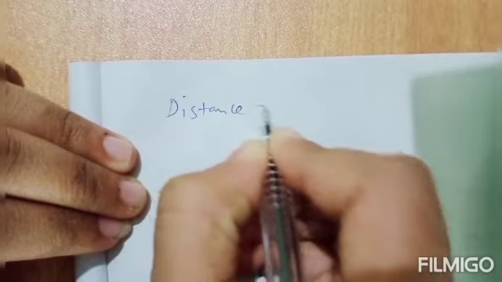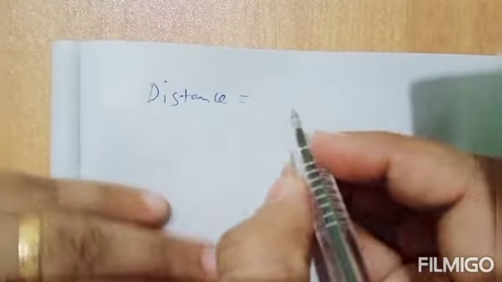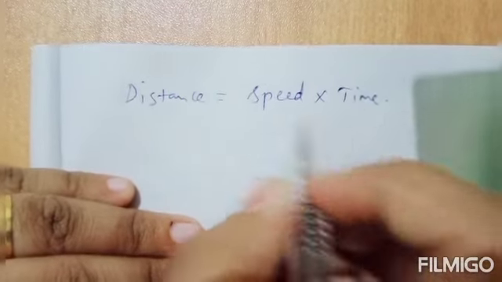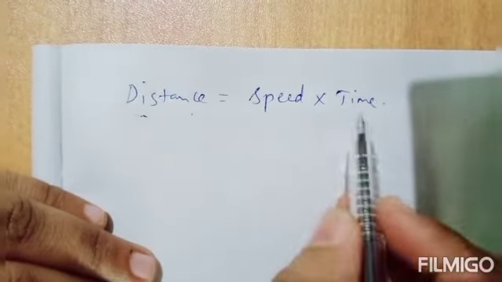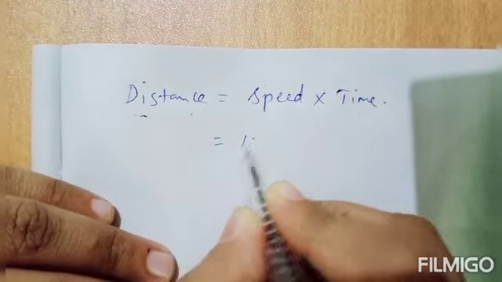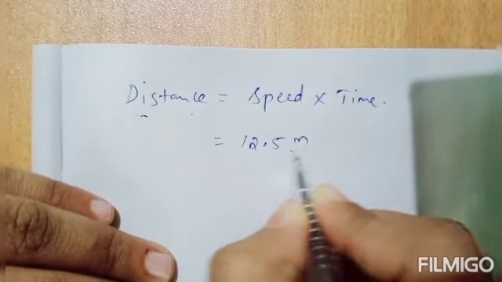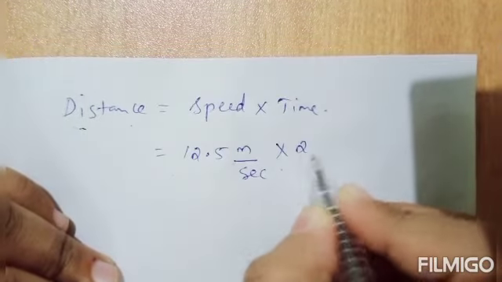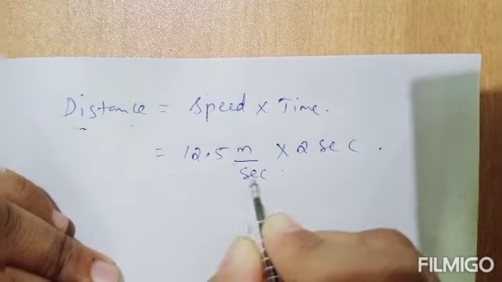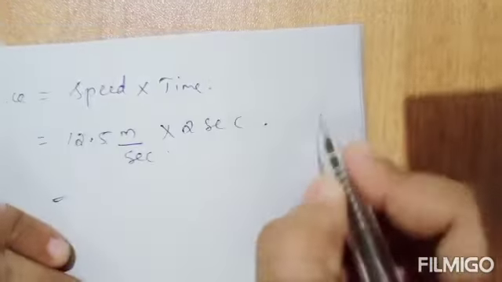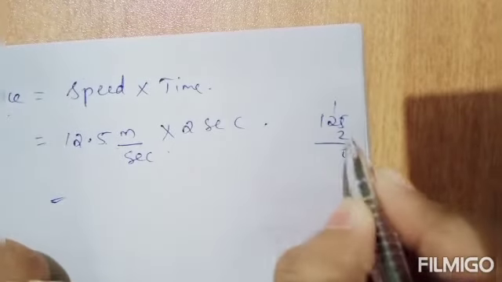Now we know how to find the distance if speed and time is given. Distance equal to speed into time. This is the formula for finding distance if speed and time is given. Now here the speed is 12.5 meter per second we find, into time it is 2 second. Now what you will get? 12.5 into 2 we can do. 125 into 2, how much we will get?